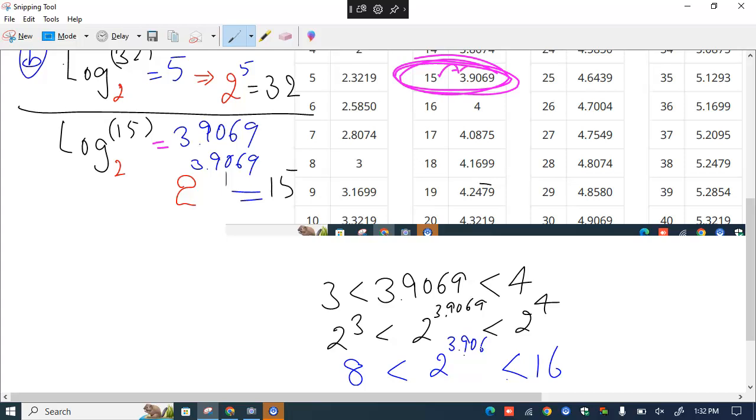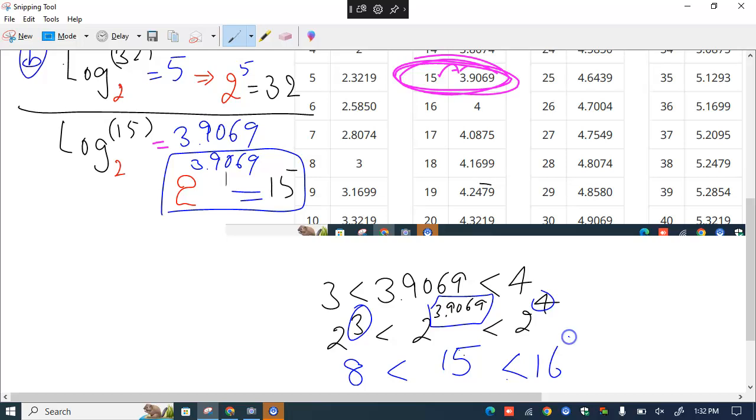So this number is between these two because the number we have already been given is 15. And we have seen 2 raised to 3.9069 is 15. And 15 is between 8 and 16. So the exponent has to be between 3 and 4, because 15 is between 8 and 16. So that's the understanding piece of that.